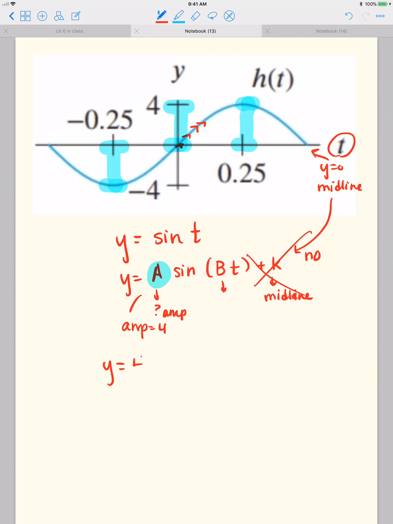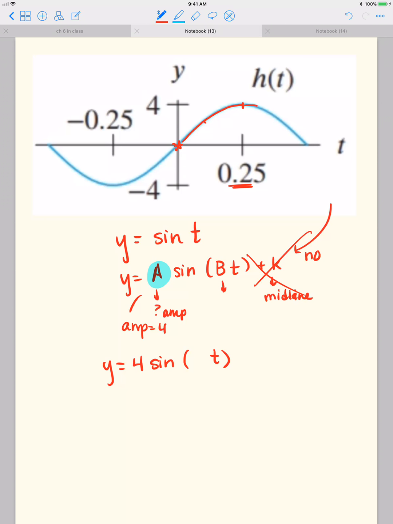So we have y equals 4 sine of some stretch or compression that's on the horizontal. So you can see from this picture that while the whole thing gives you one, it starts here at 0, at a quarter, like the t value of 0.25.